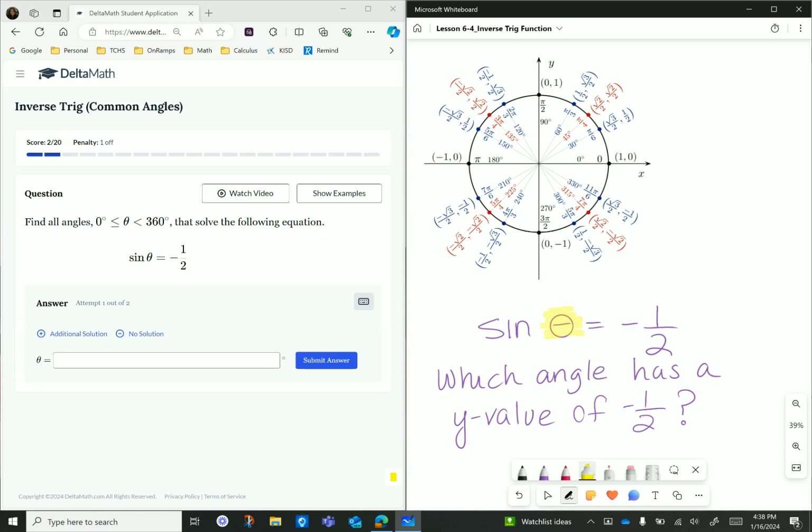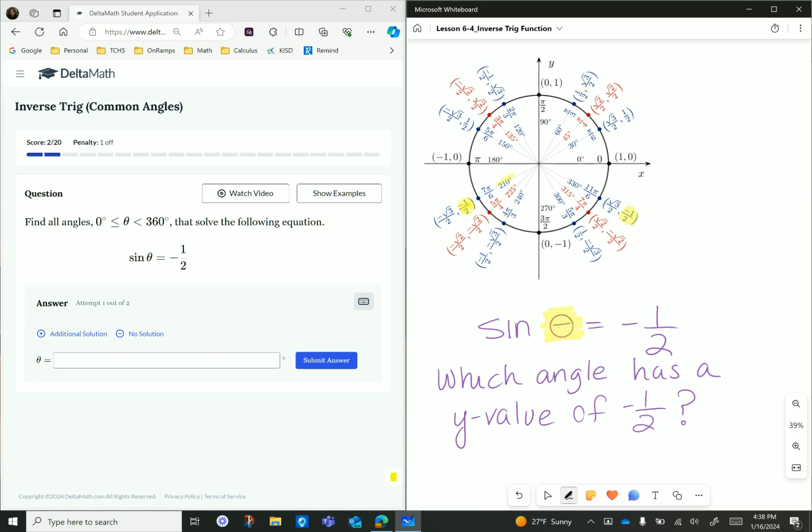That's your unknown. Okay, so we look again at our unit circle, look at all our y values where y is -1/2. Now y is only going to be negative in the third and fourth quadrants. Okay, that's where y is always negative. And so y is -1/2 right here, and y is -1/2 right here. And that makes sense, right? y has to be negative in the third and fourth quadrants.